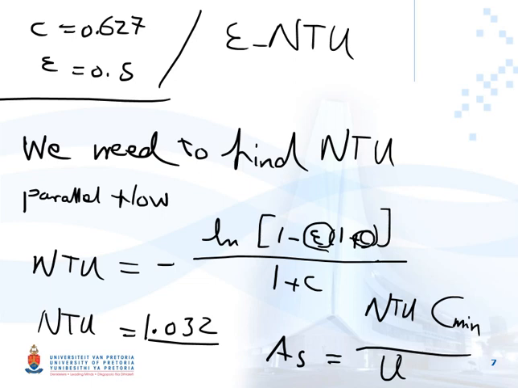Before that, first you need to write a correlation for the overall heat transfer coefficient. Normally, if you are not dealing with a fouling factor, the only things you need are the convection heat transfer coefficients on both sides, as well as the diameter and thickness.